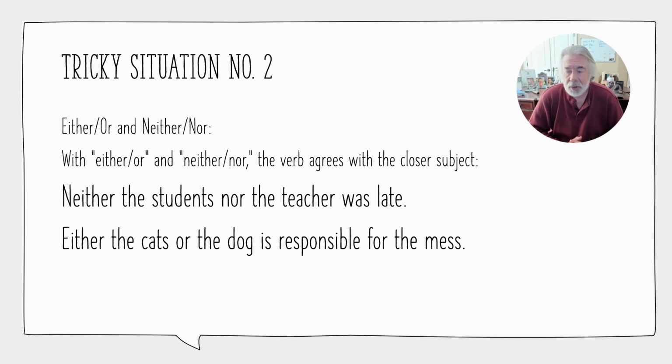Neither the students nor the teacher was late. Now you could say neither the teacher nor the students were late, because "were" and "students" are the two that are closest together. I know, I feel your pain. Either the cats or the dog is responsible. You could reverse it: either the dog or the cats are responsible. Again, I get it, feel your pain, but that's the correct way to resolve that issue.